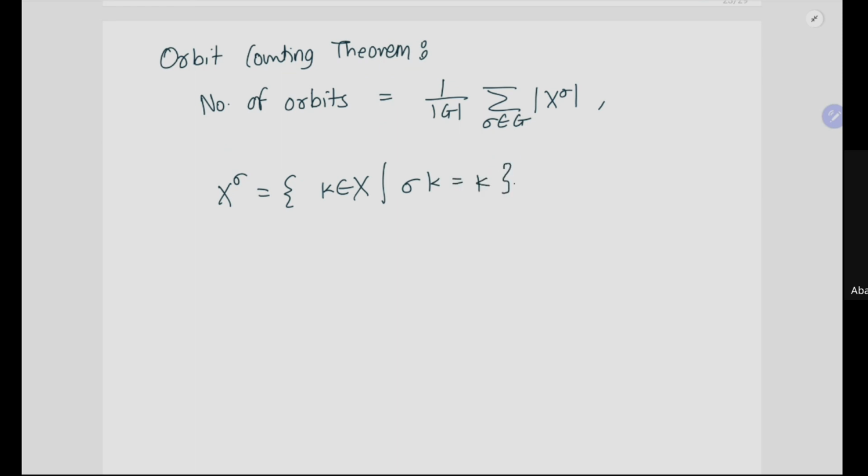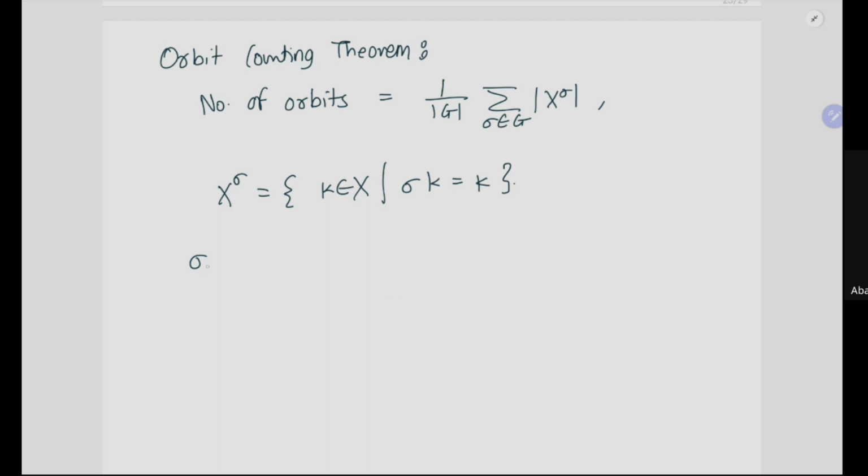Earlier everything was running over G. Now sigma is fixed, and we consider all the elements which are fixed under this sigma.